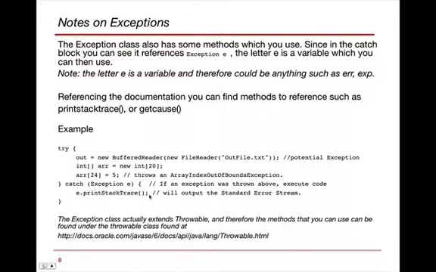Now this is more useful for some of the other exceptions like IOException and SQLException. Within those classes, the SQLException class and IOException class, you can find additional methods that will provide more detailed information about the error that was thrown. So if you like, you can take a look at the Throwable class for the basic exception errors, and if another exception is thrown, you can look up that class in the Java documentation and find out exactly what methods are available for you to use.